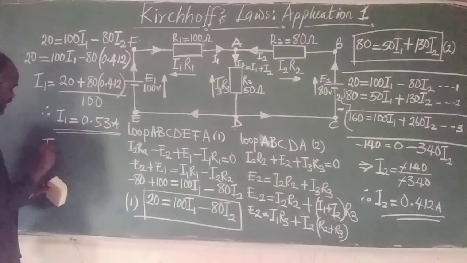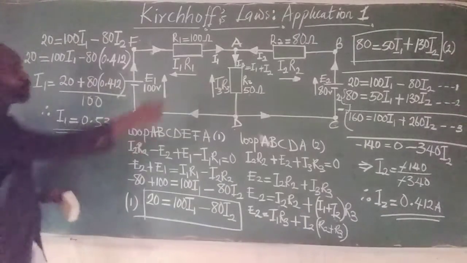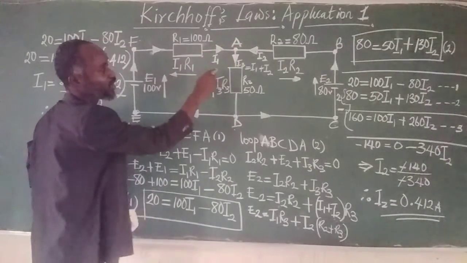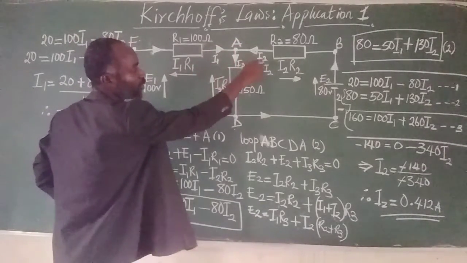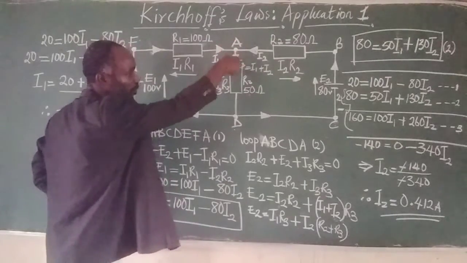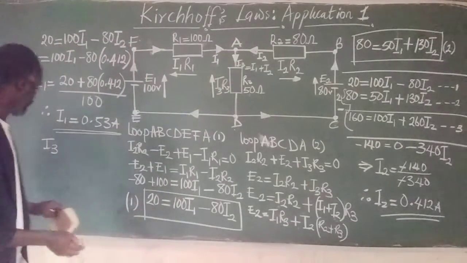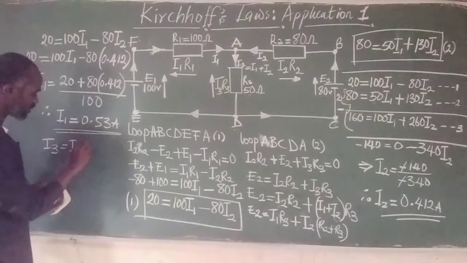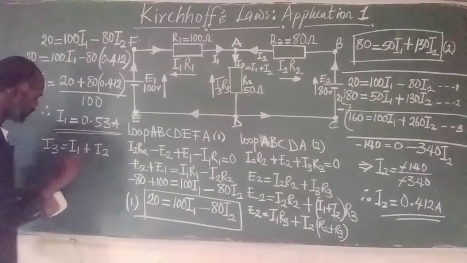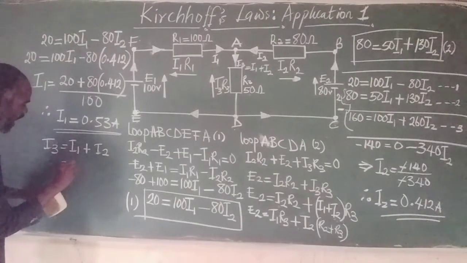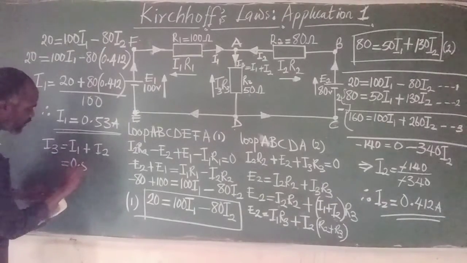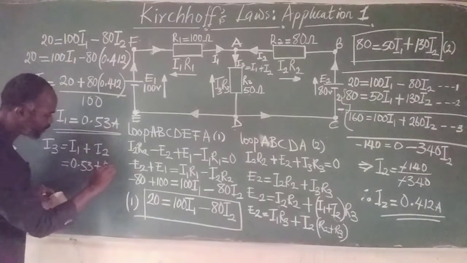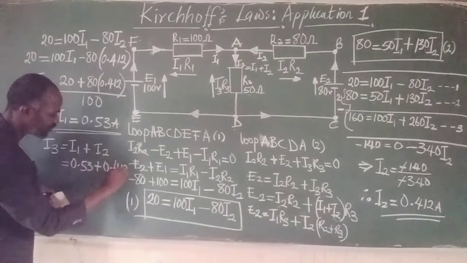We can now find the current I3 flowing into this junction, because it's the combination of current 1 and current 2 that join here and flow into resistor 3. So we do that by I1 plus I2. I1 is 0.53, I2 is 0.412.